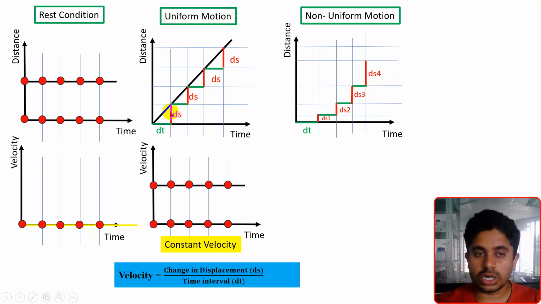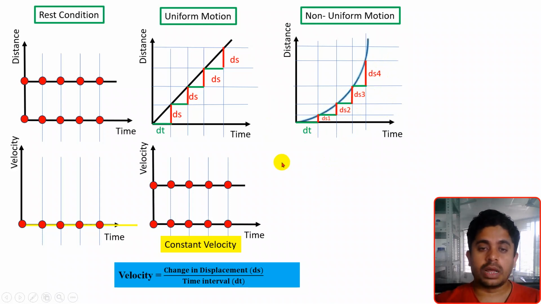It is not constant. Here it is increasing for all the time intervals. ds4 has a larger magnitude than ds1, ds2 or ds3.